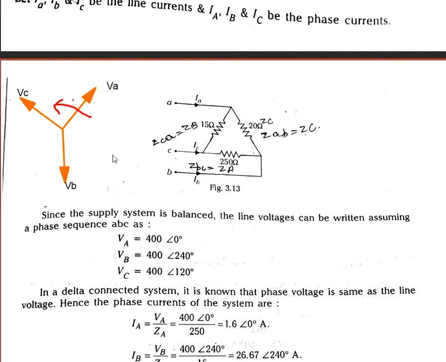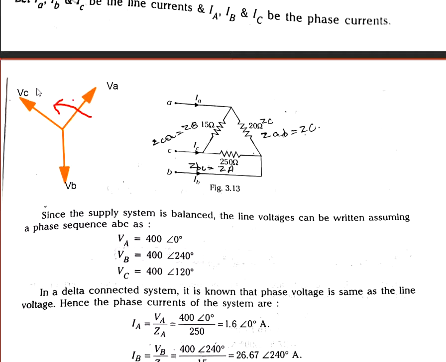If it is rotating in anti-clockwise direction, first VA will cross, then VB will cross, and at last VC will cross this point. So my phase sequence will be ABC, right?